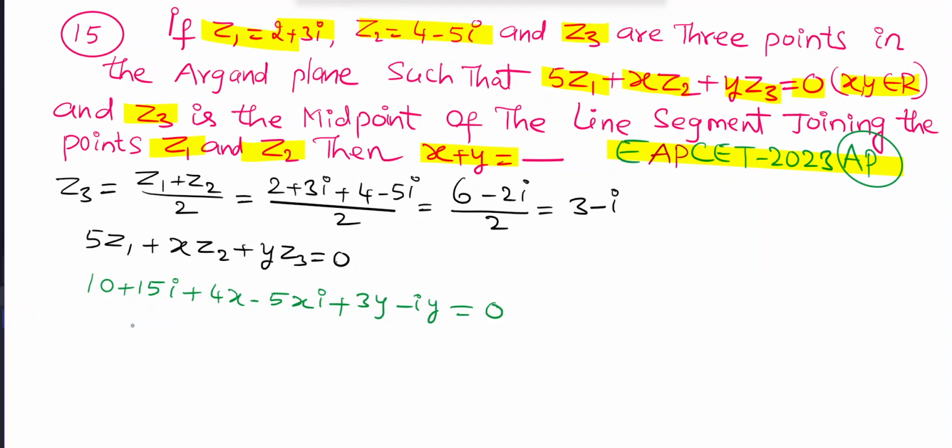Here equating real parts, 10 + 4x + 3y = 0. And imaginary parts, 15 − 5x − y = 0.